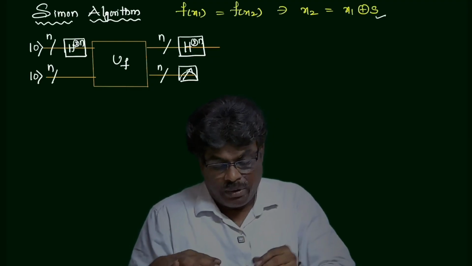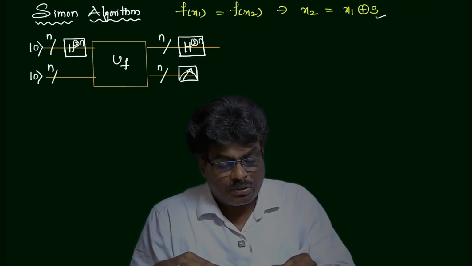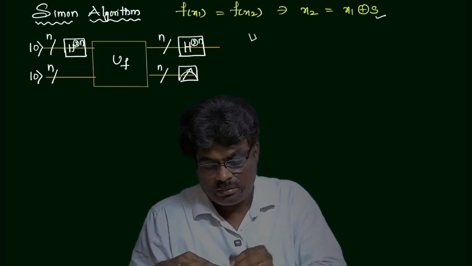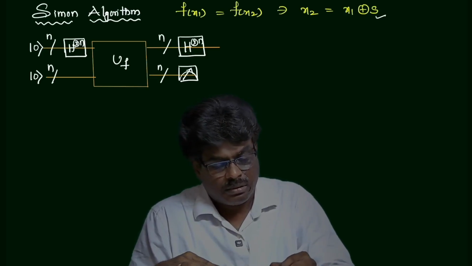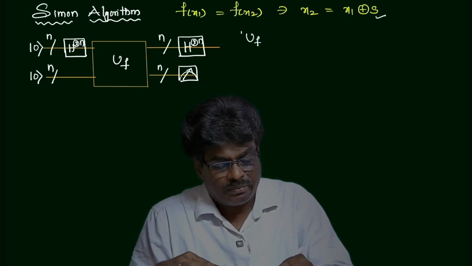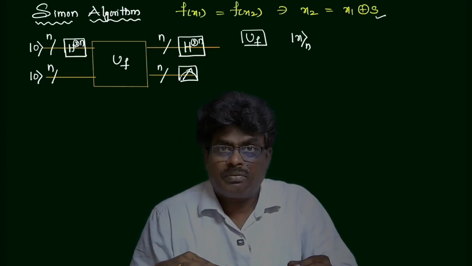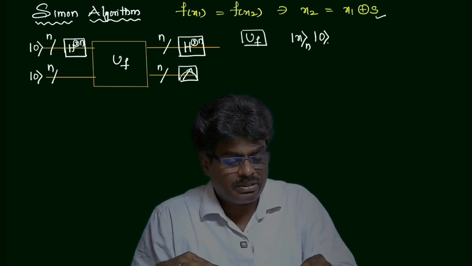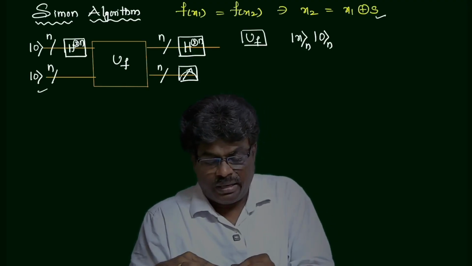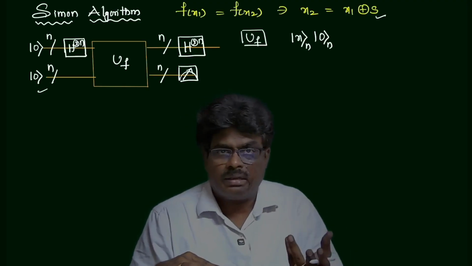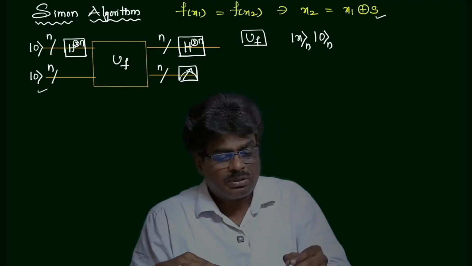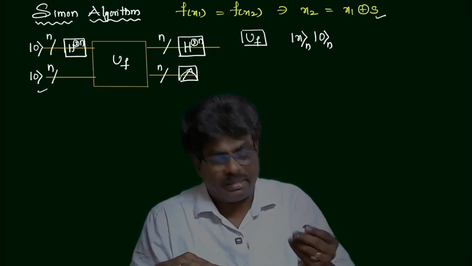And what about this oracle UF? So this oracle function is UF. For example, if you have x of n number of qubits and this is a 0, after the Hadamard operation you may get a linear superposition actually. So that's why I have taken x, it may be anything.